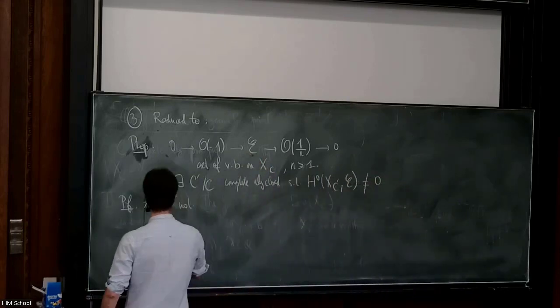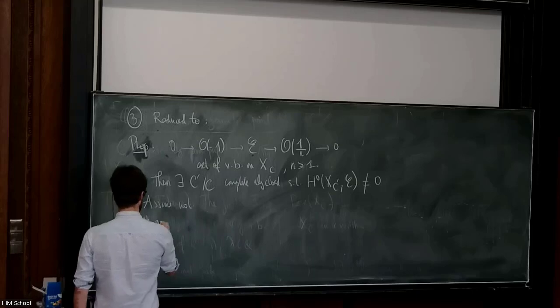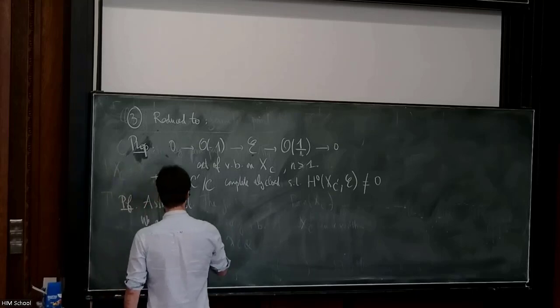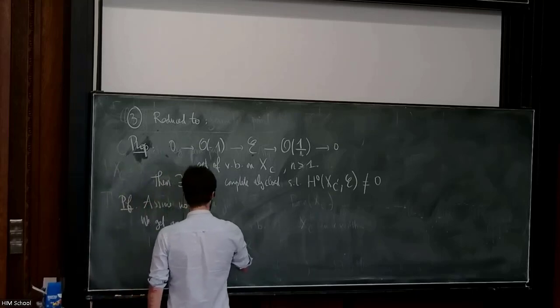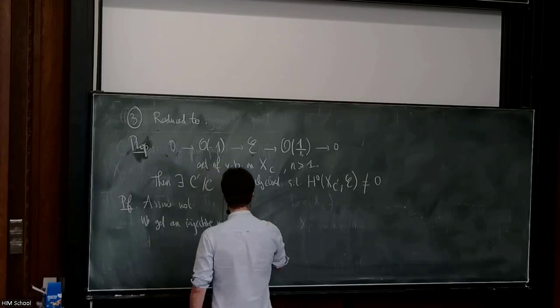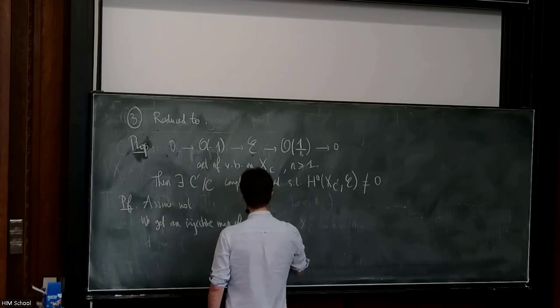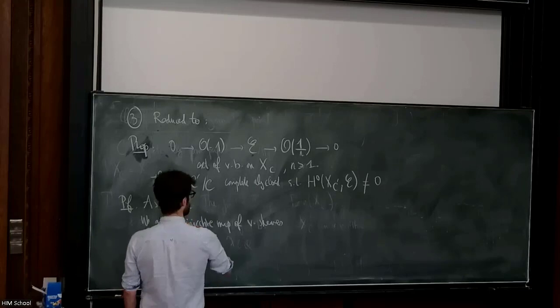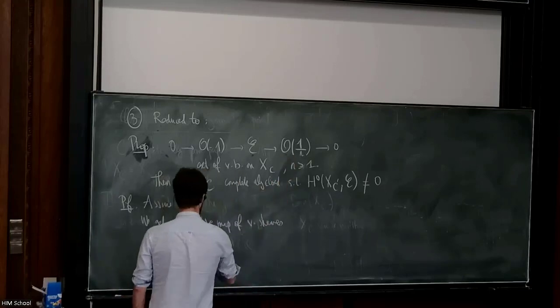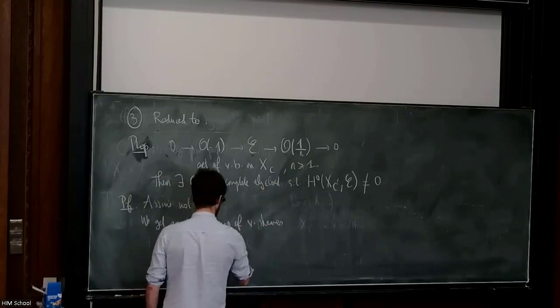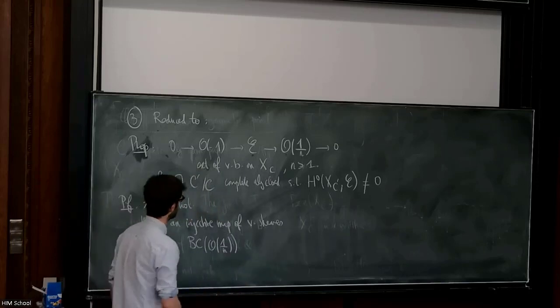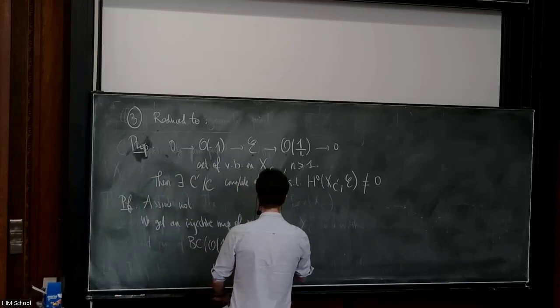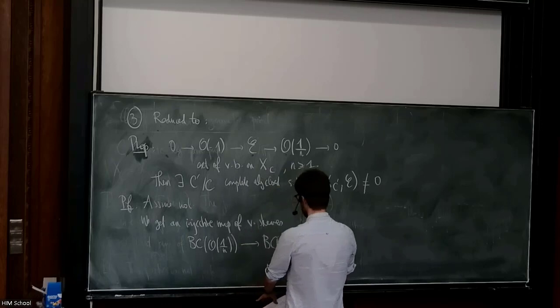So we get an injection of the Banach-Colmez space, so the diamond attached to O(1/n), into the Banach-Colmez space of O(-1).